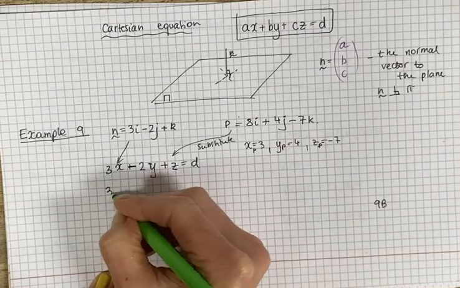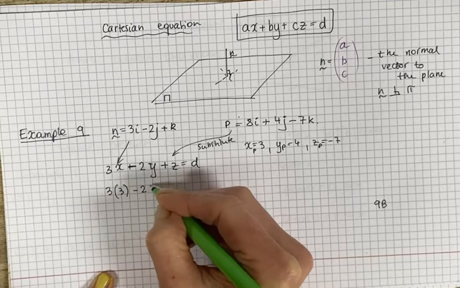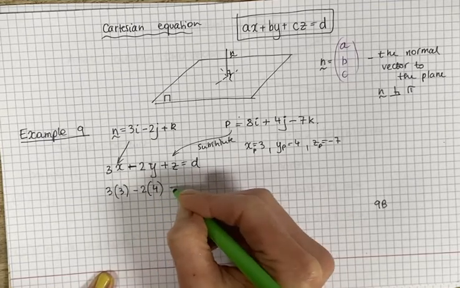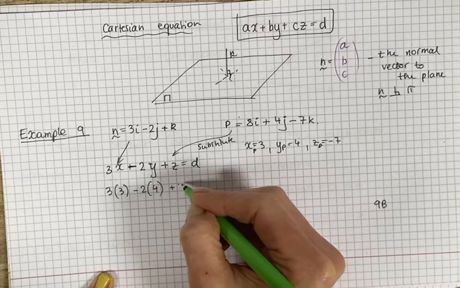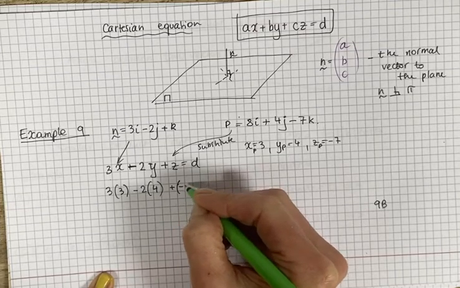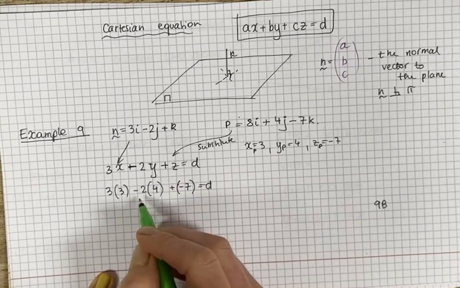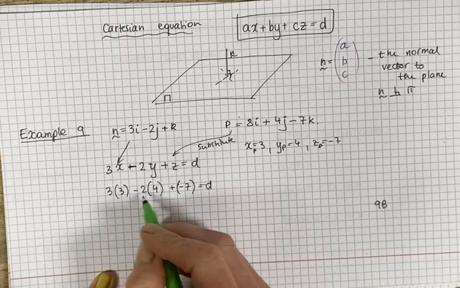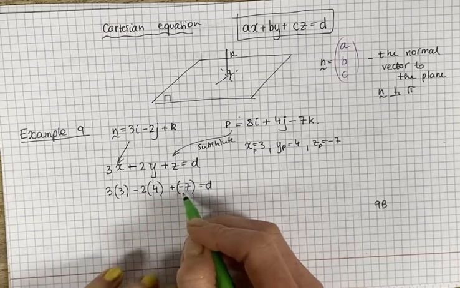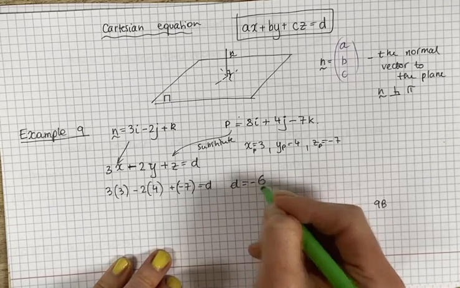So 3 times 3 minus 2 times 4 plus minus 7. That's what our d is. So it's 9 minus 8, so it's 1, minus 7, this is going to be minus 6.